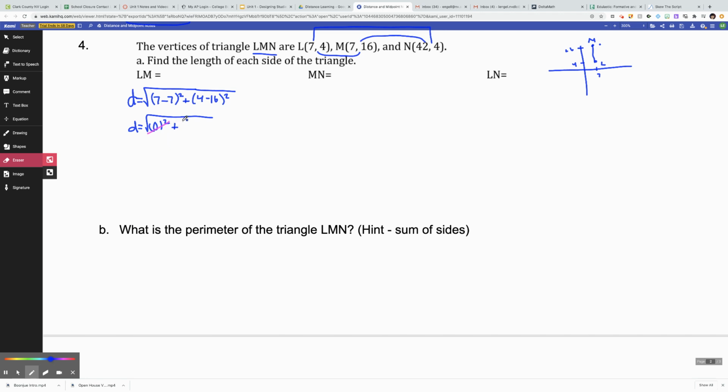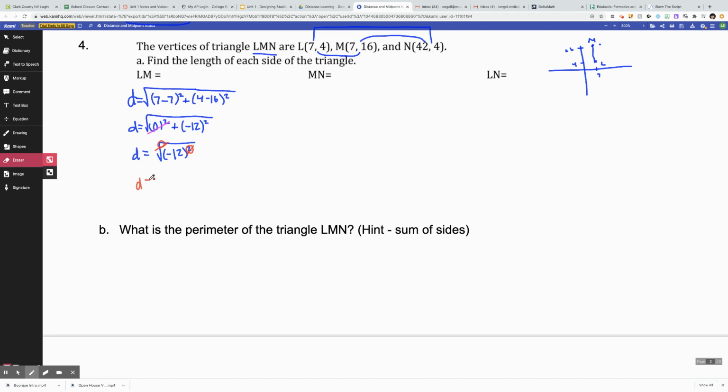All right, but let's write the rest of it out. So I have 4 minus 16 is -12 squared, okay? So now, looking at this, really what we're doing is this. Distance is the square root of -12 squared, okay? Now, essentially what's going to happen is you have this squared right here and this square root, and they're going to cancel each other out because they're opposites, right?